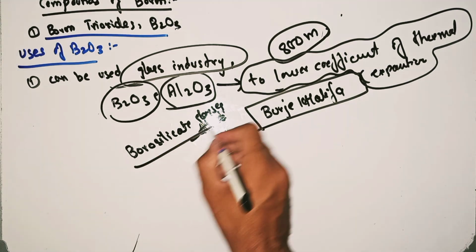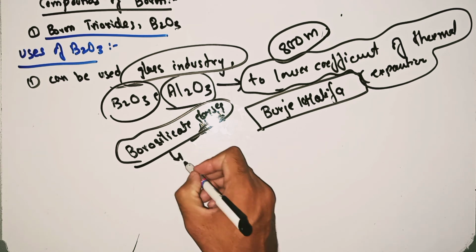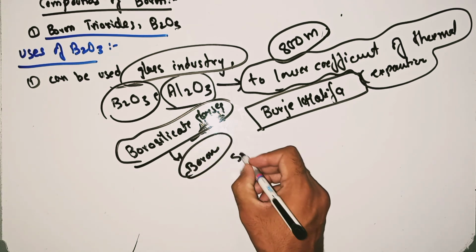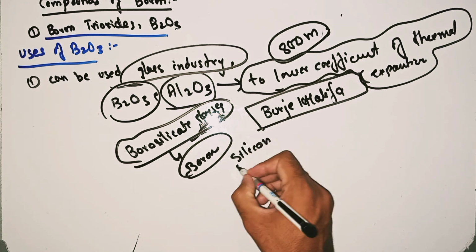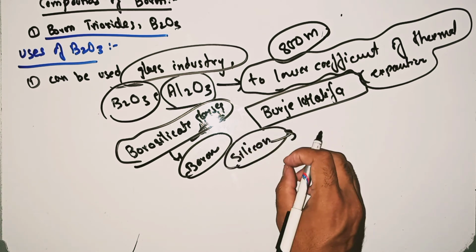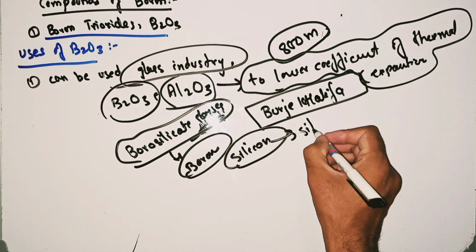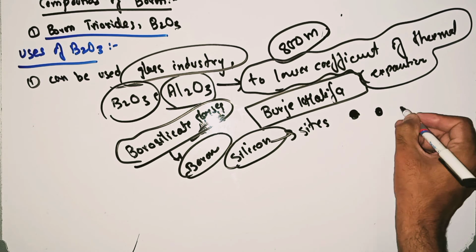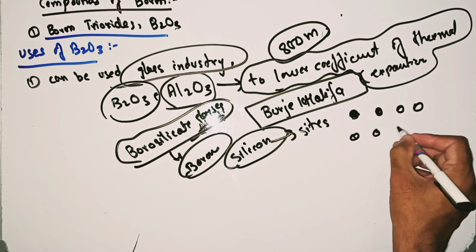In borosilicate glasses, boron occupies the sites that are vacant in the silicon network.